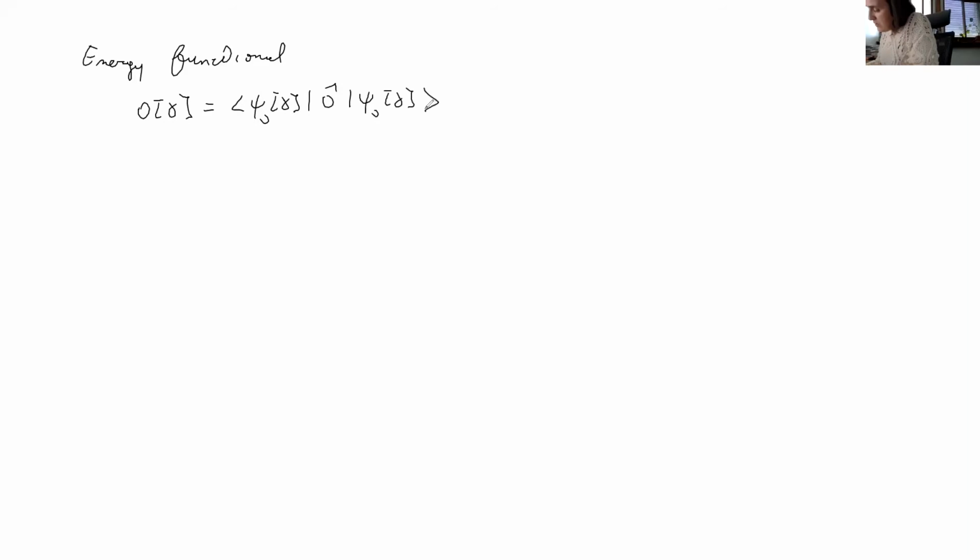And in particular, the energy, for a given external potential, can be expressed as a function of gamma. Okay, so this is equal to this, plus V plus W.